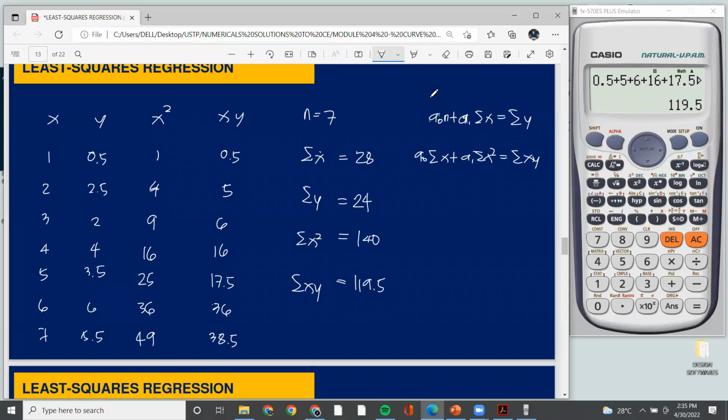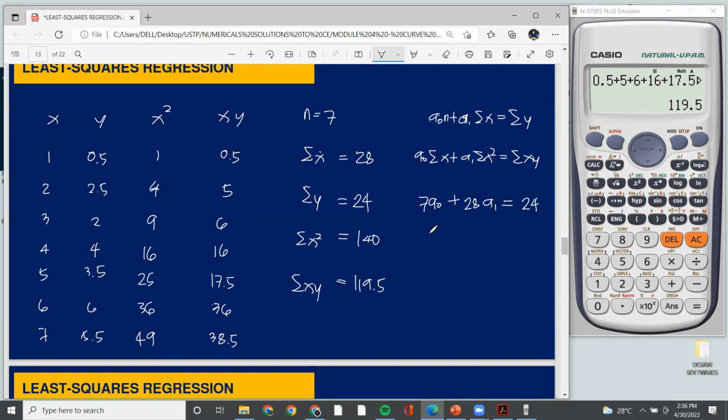So substitute these values. A sub 0 is the unknown, n is equal to 7. So we have 7 A sub 0 plus A sub 1, the unknown, with the summation of x, 28, times A sub 1, equal to summation of y, 24.